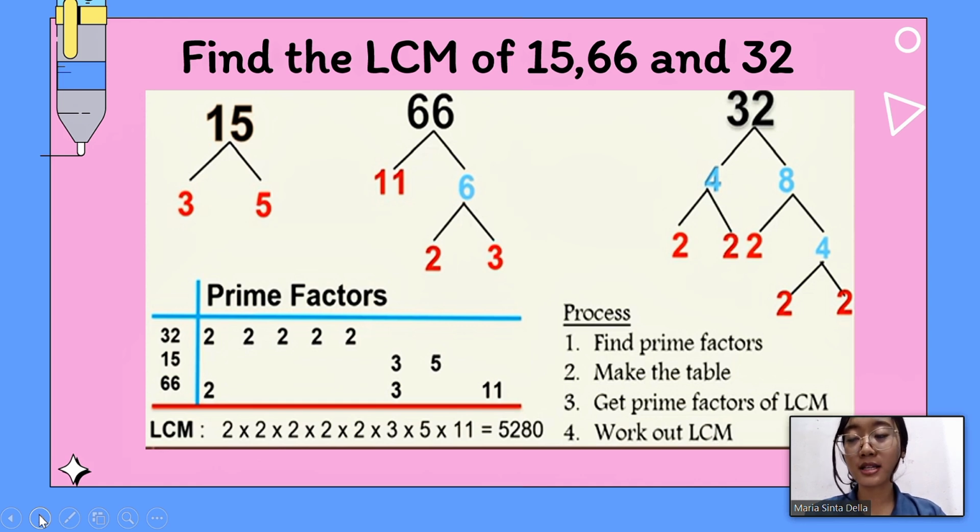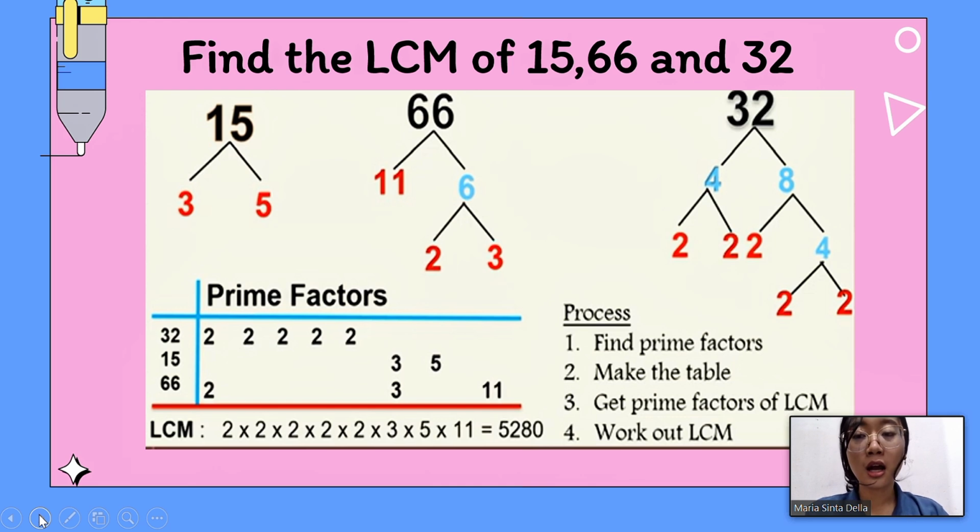My process: first we find the prime factorization of each of the numbers. 15 is 3 times 5, circle the primes. 32 is 4 times 8. 4 is 2 times 2, 8 is 2 times 4, and 4 is 2 times 2, circle the primes. 66 is 11 times 6. 6 is 2 times 3.